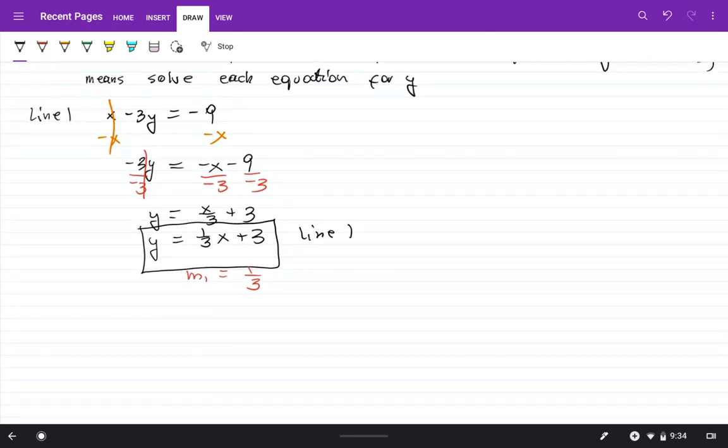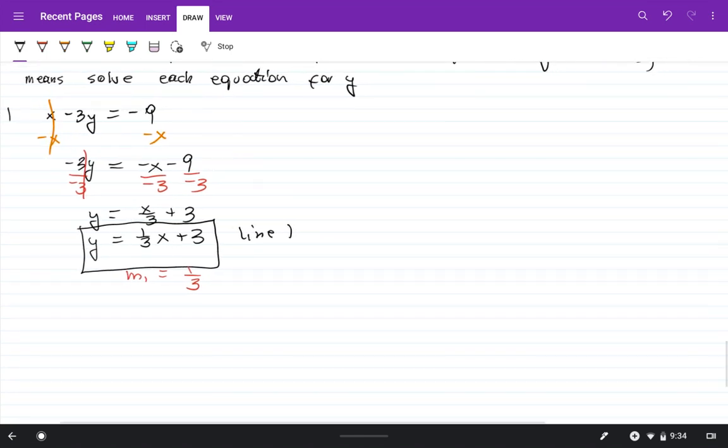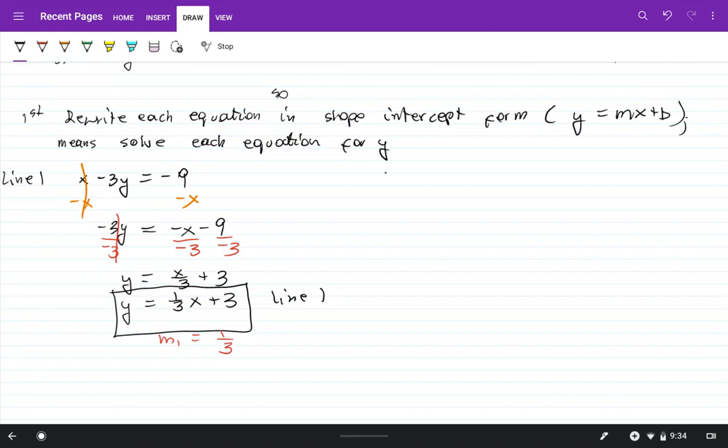I'm going to do the same thing with line 2. So line 2 has the equation 3x equals negative y plus 4. I need to solve this equation for y. I'm going to subtract 4 from both sides, and that will give us 3x minus 4 equals negative y.